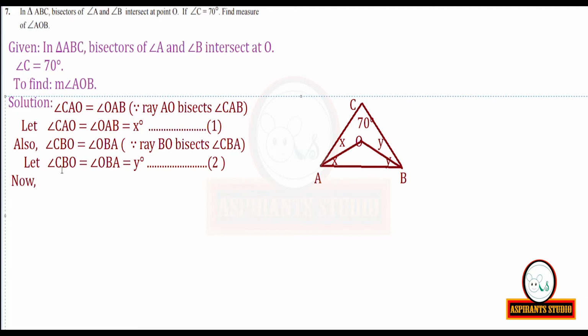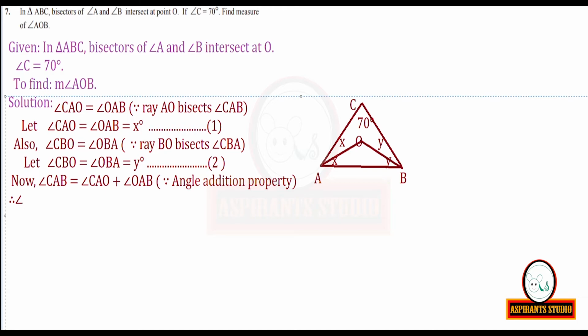Now look at the figure. Look at angle CAB. We can apply angle addition property and split this angle and write it as measure of angle CAB is equal to measure of angle CAO plus measure of angle OAB by angle addition property.